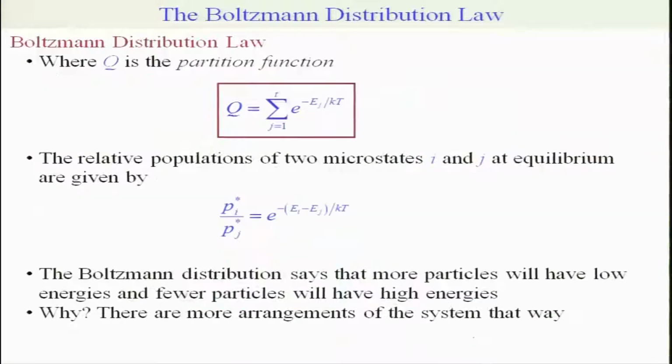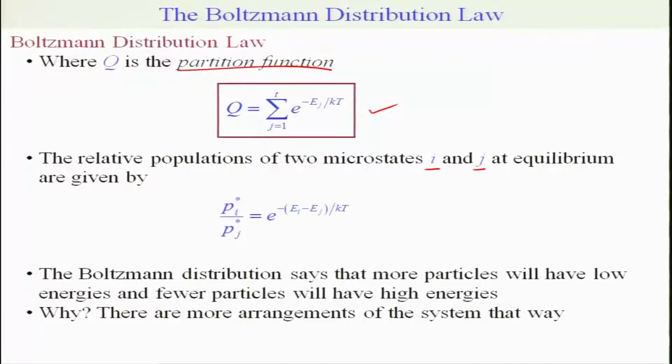Now, we are going to make use of it to understand a few things. We have already defined that q is the partition function, which is simply the sum of the Boltzmann factors corresponding to different energy levels. One can make use of this expression to understand the relative population of two microstates. Let us assume we are concerned with microstates i and j.